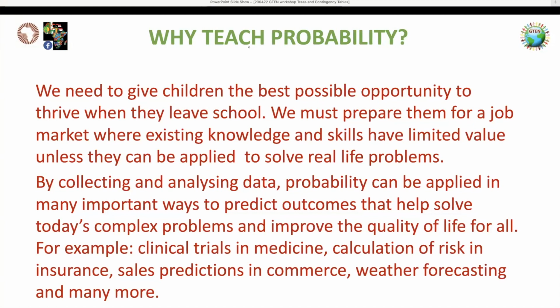They've got the ability to think and understand probability. In the first place, they're more likely to get a job, a job that is well paid, if they have this sort of understanding.